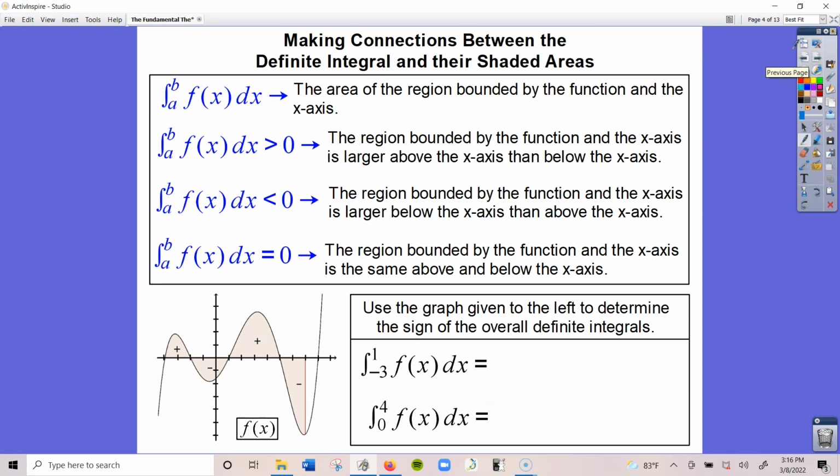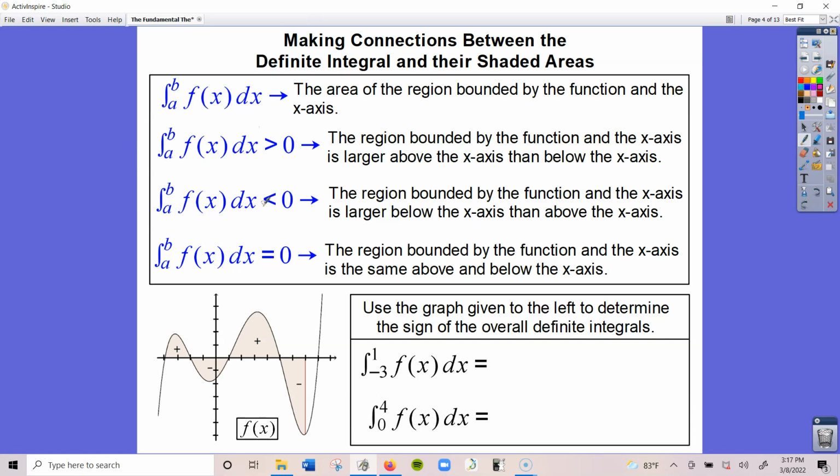Now, just to wrap up what we looked at, the integral from a to b of f of x dx is the area of the region bounded by the function and the x-axis. If the area that you get is greater than 0, that means the region is going to be larger above the x-axis than below, so you're going to have the majority, if not all, of your area above the x-axis.